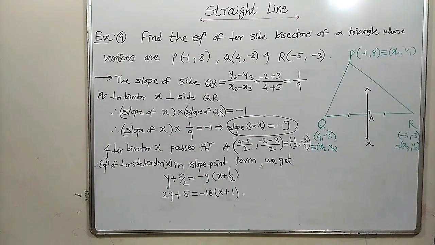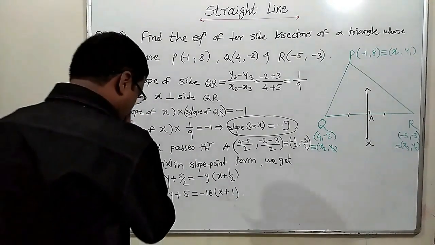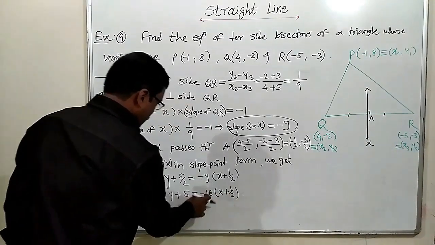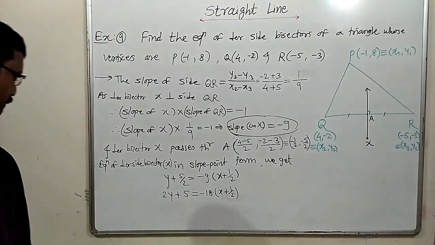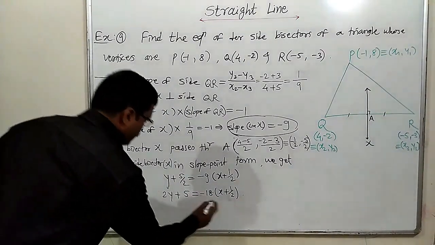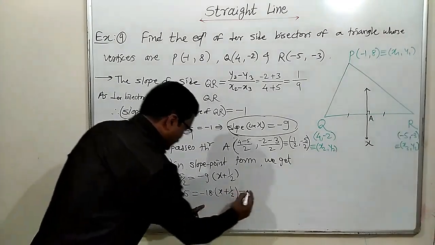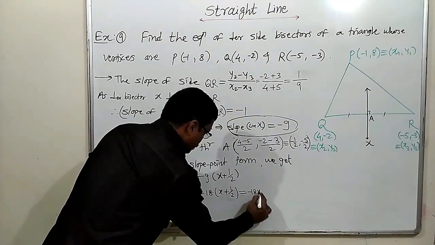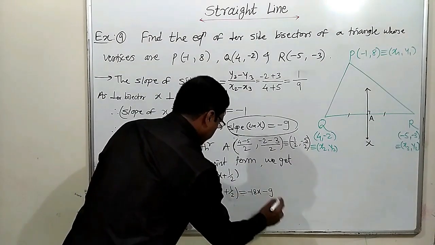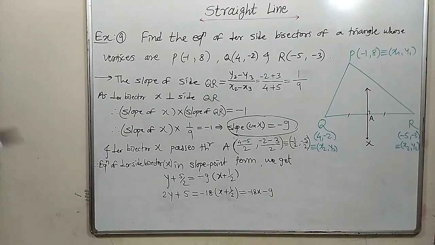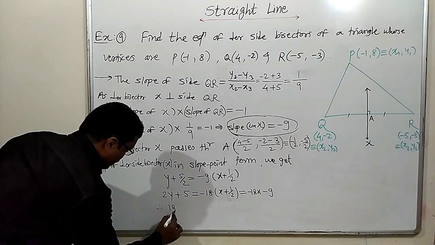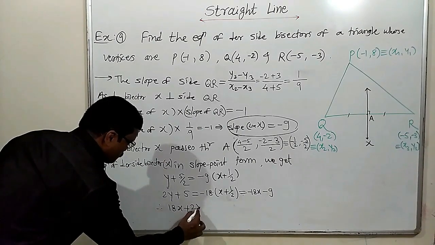Multiplying each by 2, we get -18x plus -9. Okay, take the -18x to the left, we get 18x plus 2y.